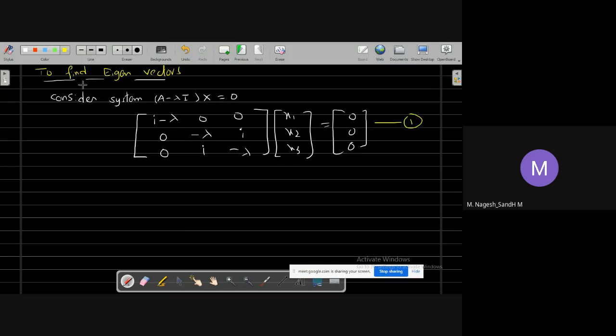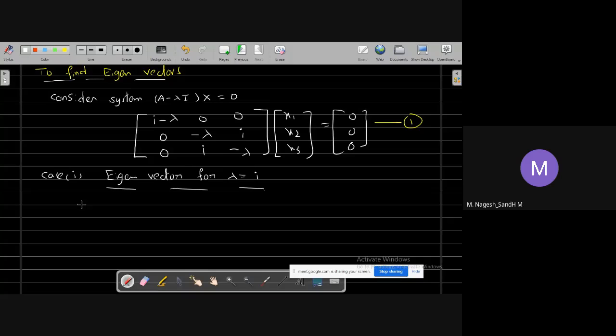So now case 1, eigenvector for lambda equal to i. That is only the first eigenvector.